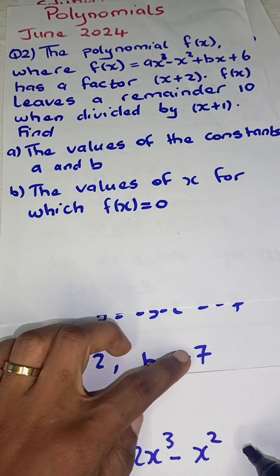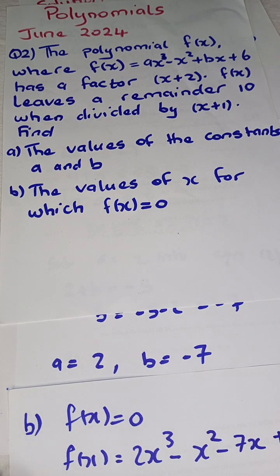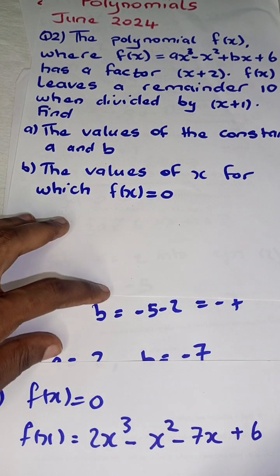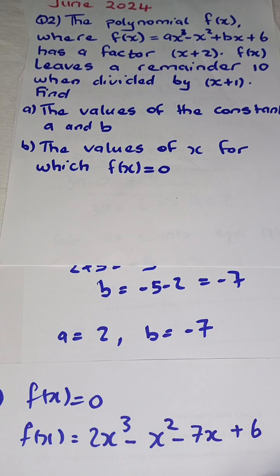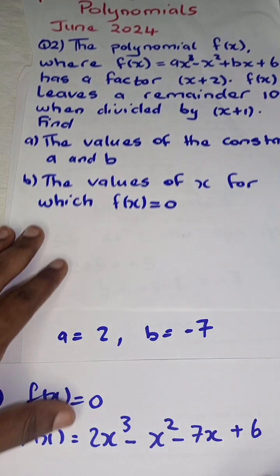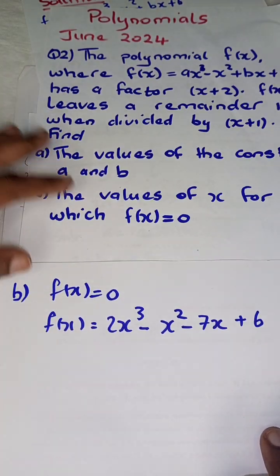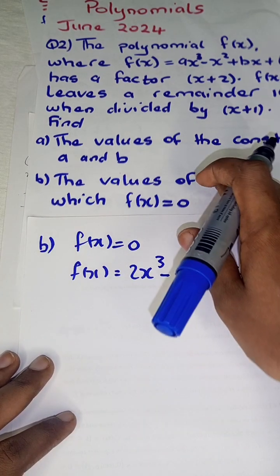B is negative 7, so we're going to have negative 7x, and then plus 6. So this is our function f of x with the values of a and b substituted into it, because we've gotten the values of a and b from the first part of the question, and now we can proceed to find all the values of x for which f of x is equal to 0.